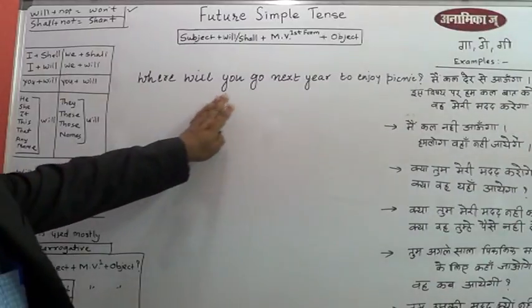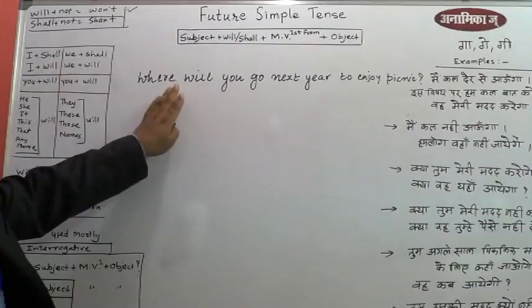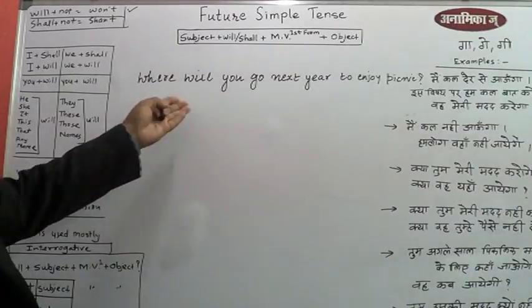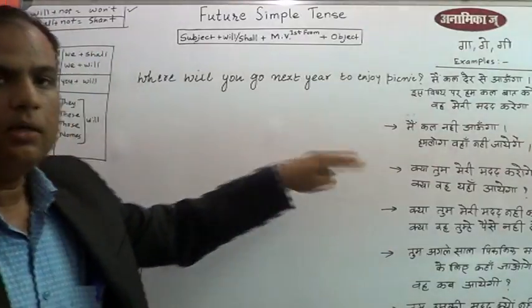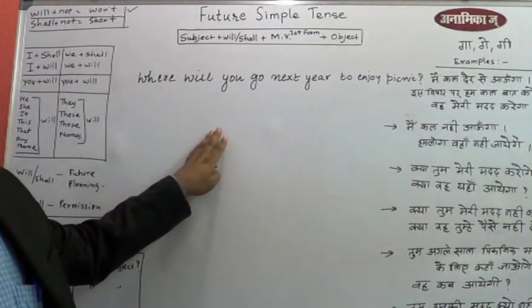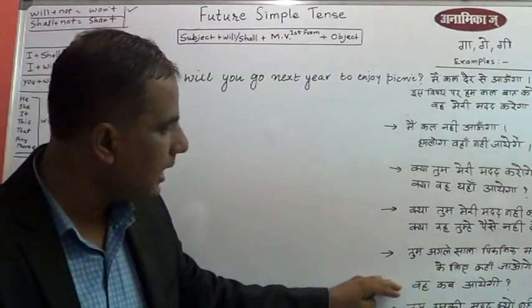Where will you go next year to enjoy picnic? So here this question is asking for the information about the place where the picnic next year will be enjoyed or celebrated. Let's take another example.